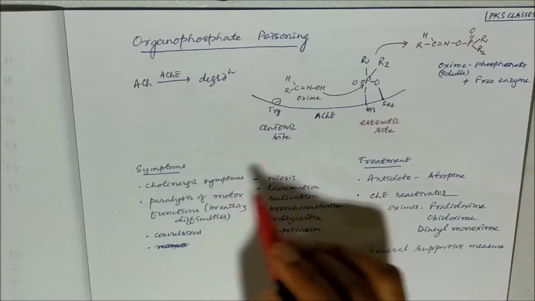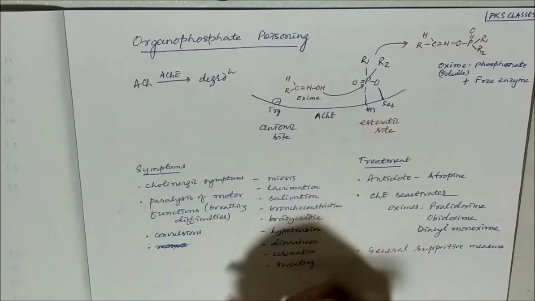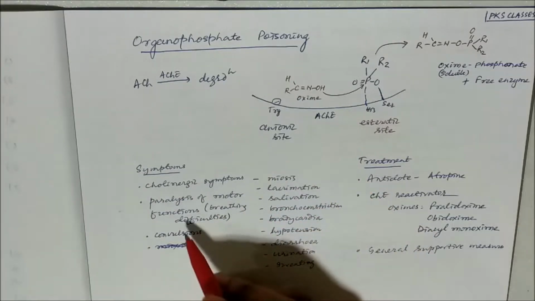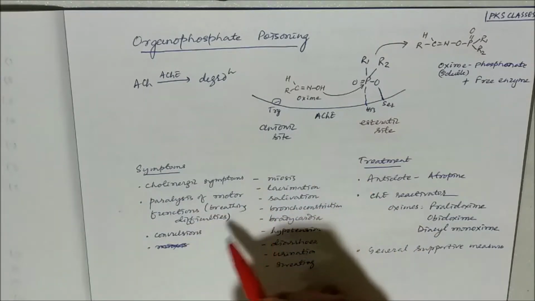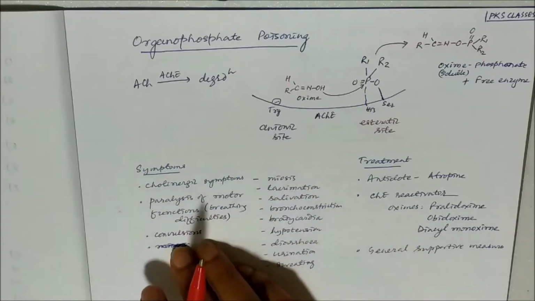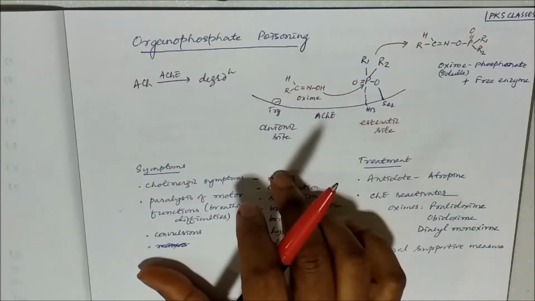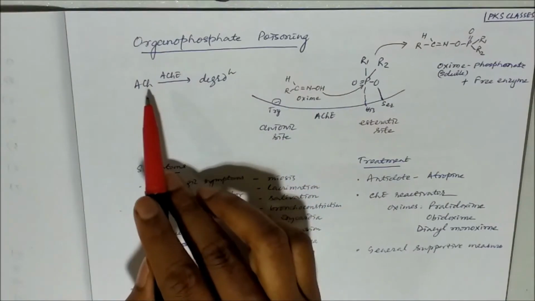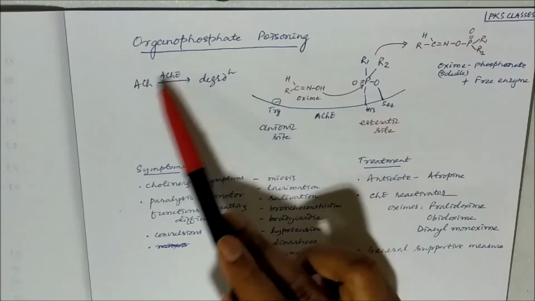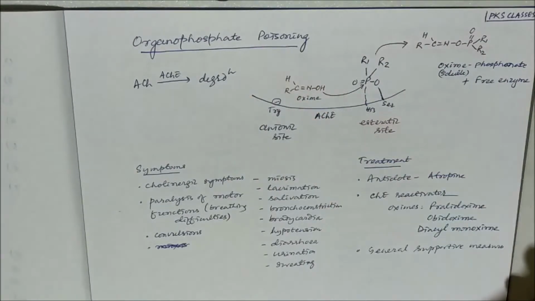We can call these the symptoms of organophosphate poisoning. Besides that, there are CNS actions like convulsions, paralysis of the motor functions, and mainly breathing difficulties. These are all symptoms of increased cholinergic action, because the enzyme which degrades acetylcholine is irreversibly inhibited by organophosphate compounds.